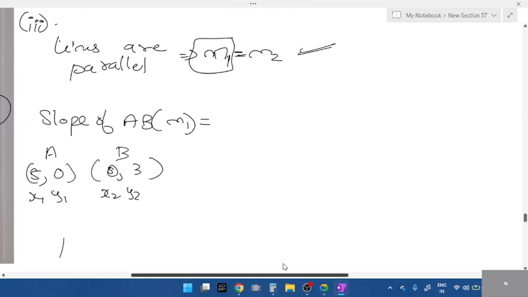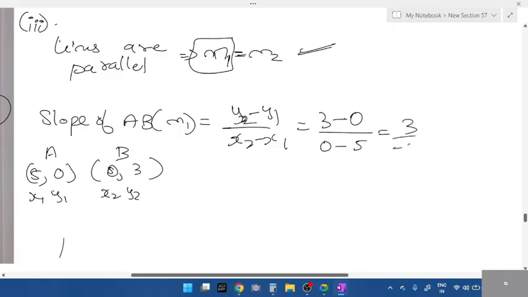That's the only difference. Next, y2 minus y1 divided by x2 minus x1. y2 is 3, y1 is 0, x2 is 0, x1 is 5. 3 divided by minus 5 is the answer.